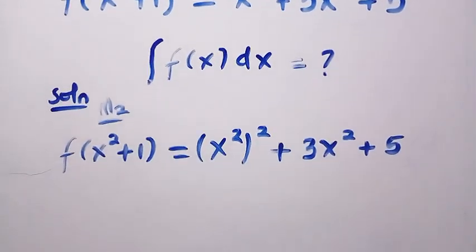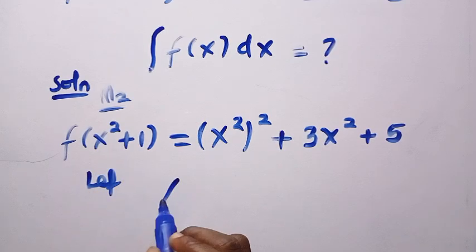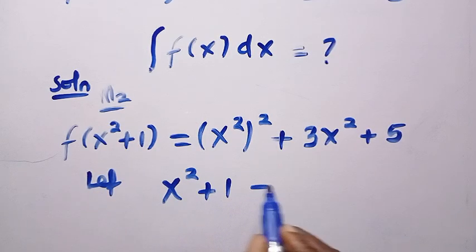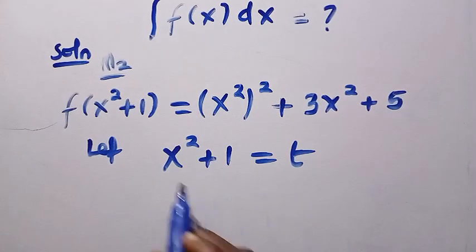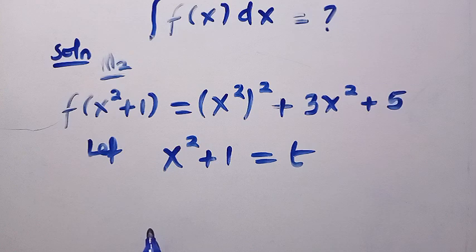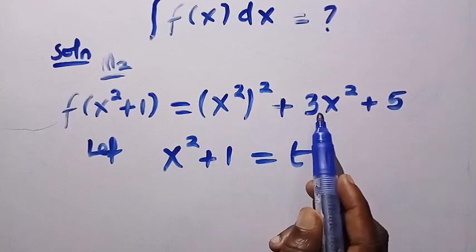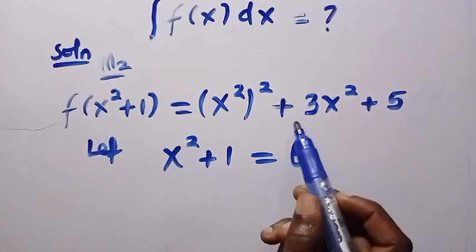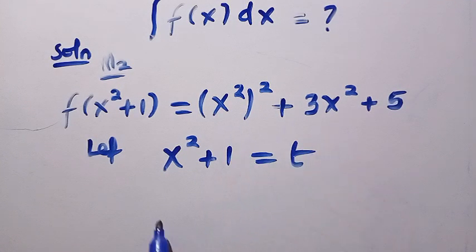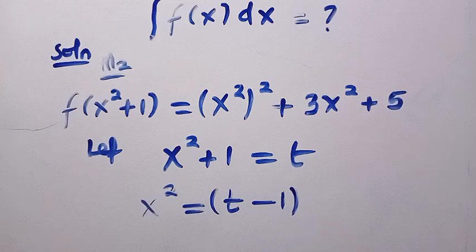After we have known this, let me let this domain x squared plus 1 equal t. If I let this equal t, then I want to make x squared the subject of the formula here. Why? Because I've expressed everything here in terms of x squared. After we have made x squared the subject, we then resubstitute back into this. So here we have x squared equals t minus 1.